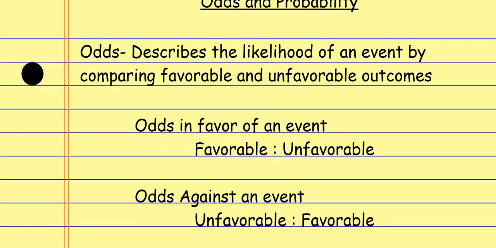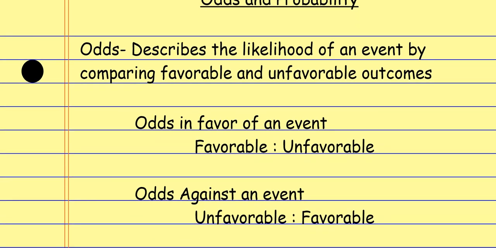And this is the same thing as expressing a fraction, but really, we don't express it as a fraction so that we don't get it confused with probability. So if the favorable to unfavorable was 1 to 2, instead of writing 1 over 2, we write 1 and then a colon and then a 2. It's the same as writing a fraction, but it's just a different way of expressing that ratio, okay?